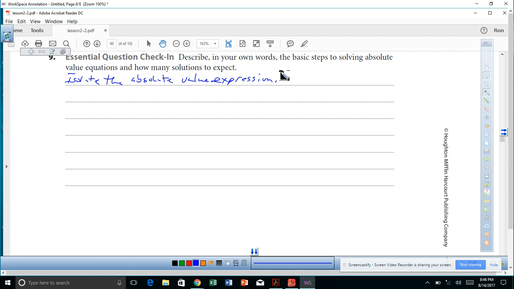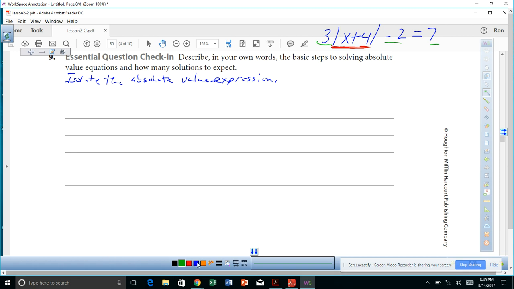So if you had something like 3 times the absolute value of x plus 4, minus 2, equals 7, you're going to want to isolate this part here by itself and everything else on the right-hand side.